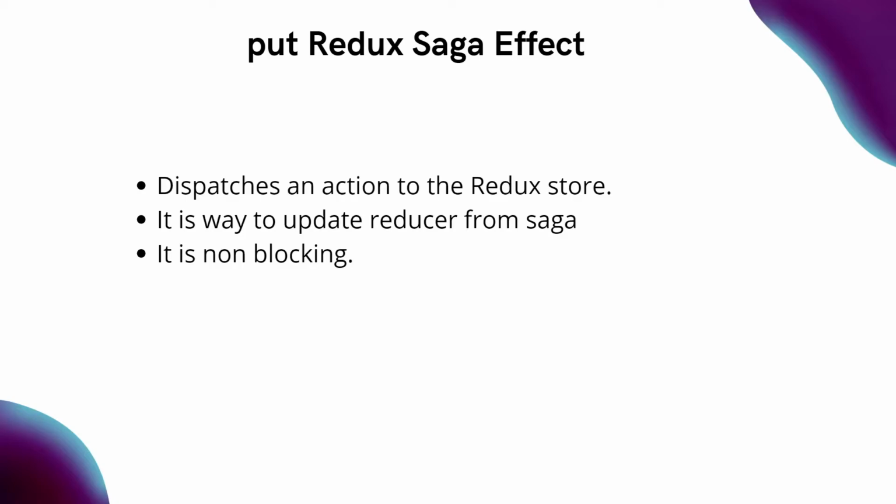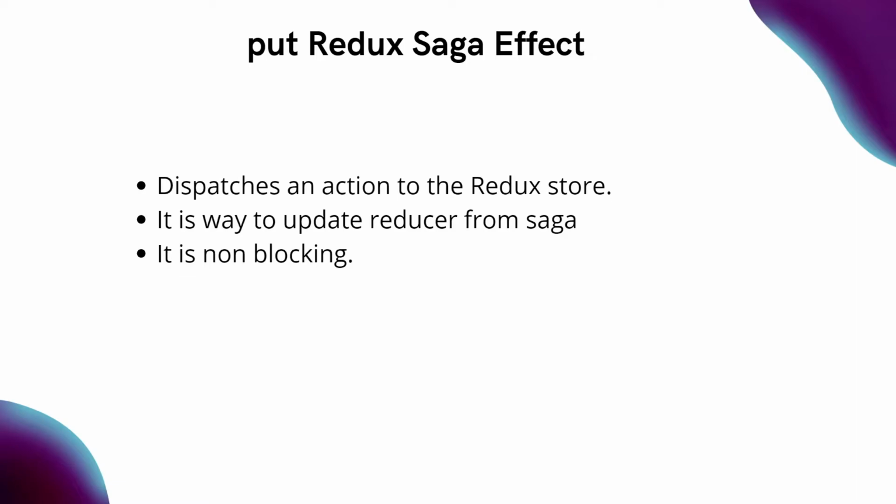Put dispatches a new action with the result from the previous yield. This is basically the way to update the reducer from the Saga. If you want to update a reducer from Saga, then put is used, and put is non-blocking.